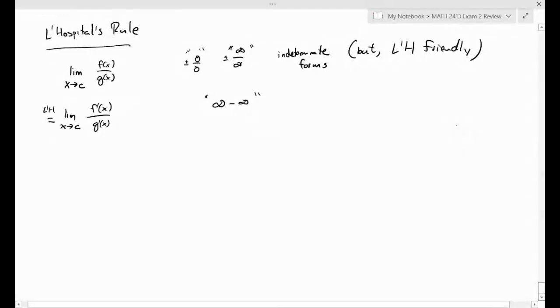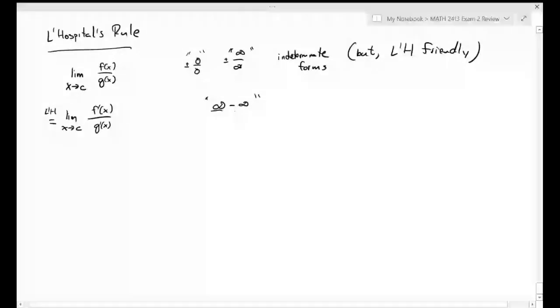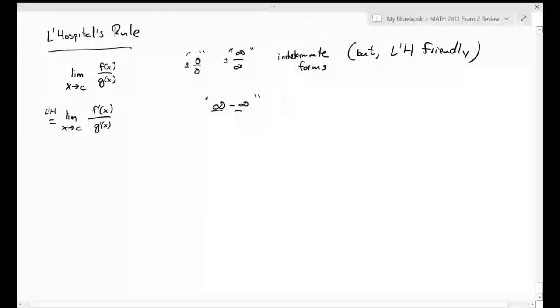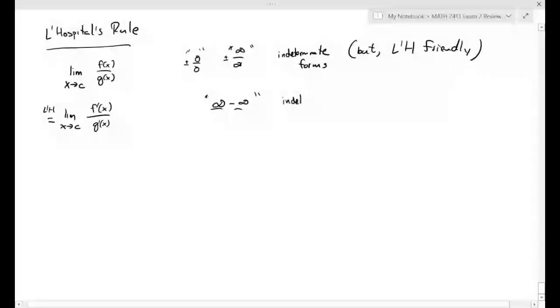But infinity minus infinity, arithmetic doesn't work with infinite numbers. We have 2 infinite things vying with each other, and we don't know which one wins. So this is indeterminate. Sometimes you can combine that into a single fraction or something, and then try L'Hopital's rule.